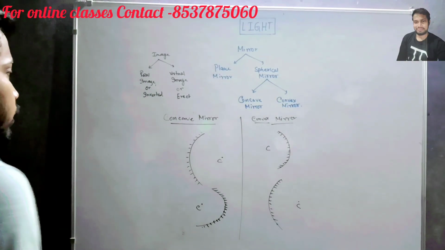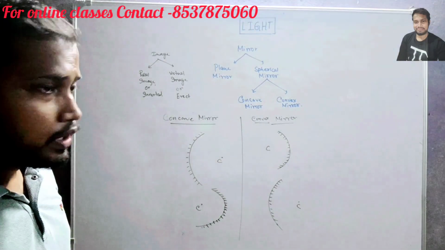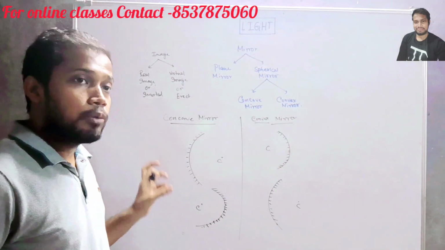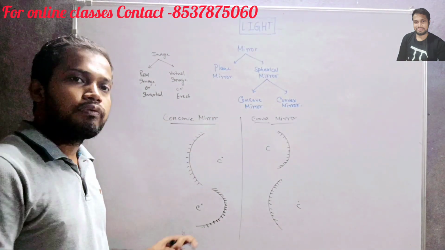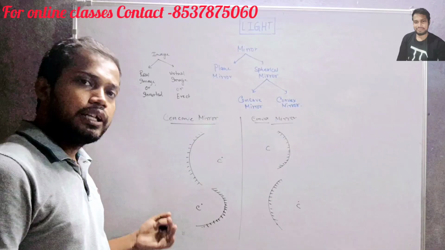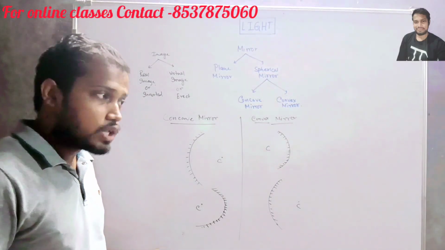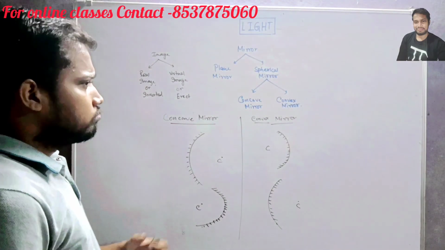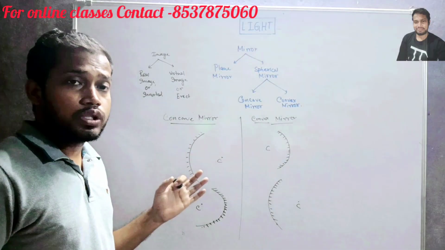Now, in the next video, we'll move further. We have to know the position of the object. We have to place the object in a certain position, and the image will form after a certain distance. And what will be the position? We have to know about the focus also, the principal axis, and some rules of light rays.